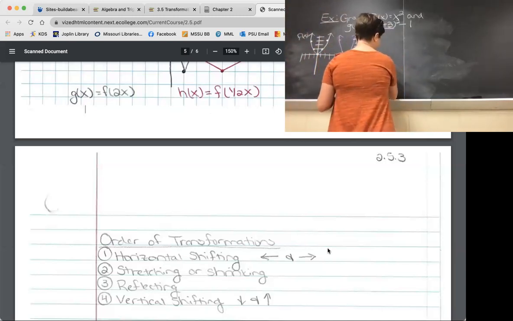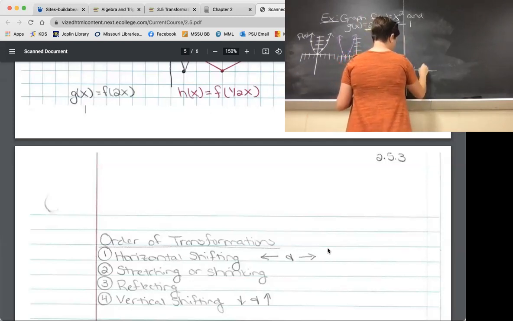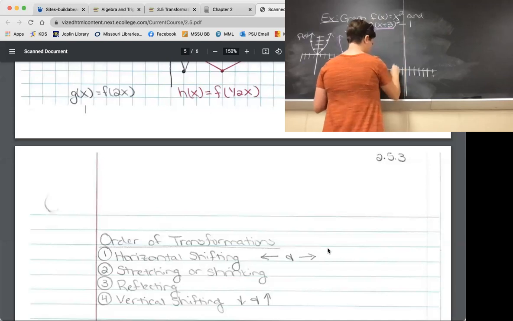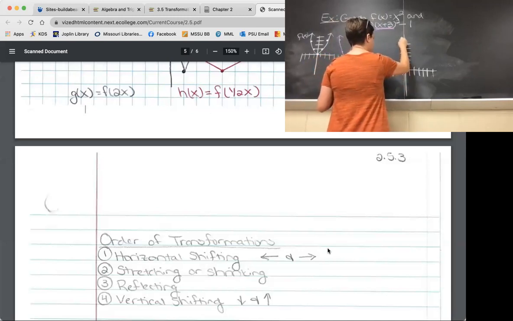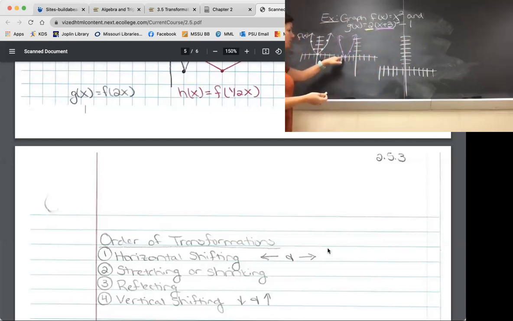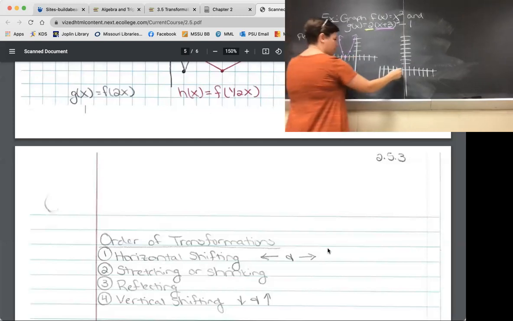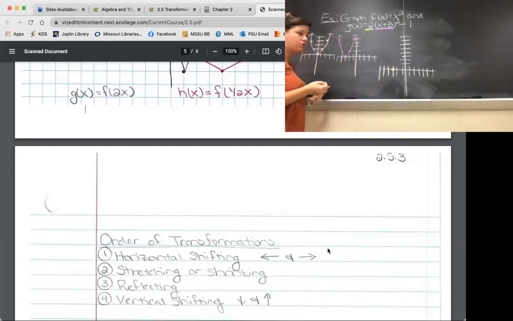Okay. So I have the point negative 3, 0. Negative 3, 0 stays because 0 times 2 doesn't change.